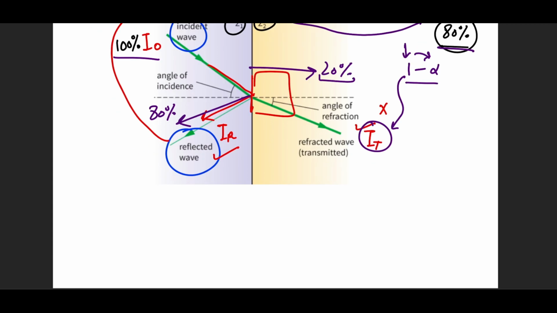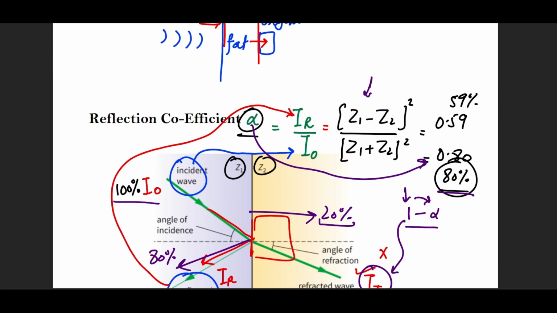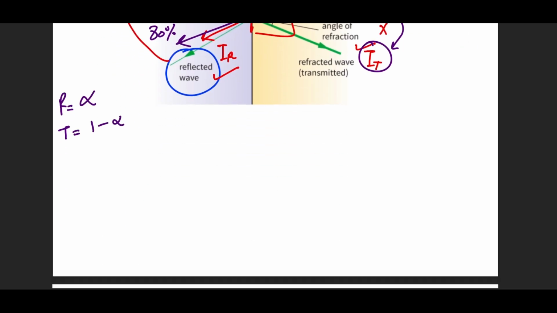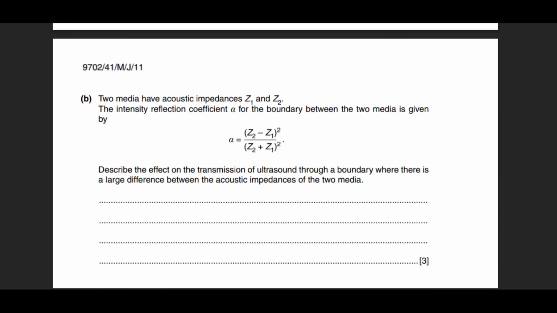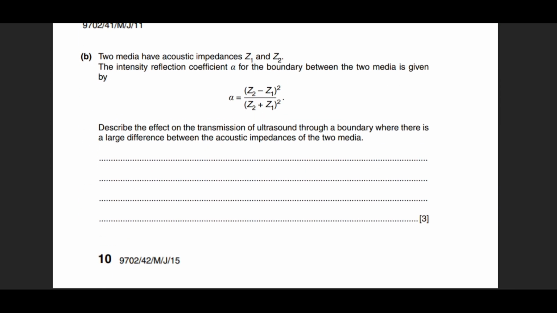Okay, so the reflection coefficient is alpha. This is for reflection, and transmitted is 1 minus alpha. Simple, right? No need to change this formula. Just find out the reflected and subtract this from 1 in terms of percentage, and you will get the transmitted wave.